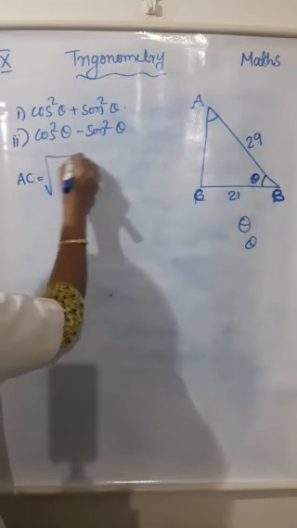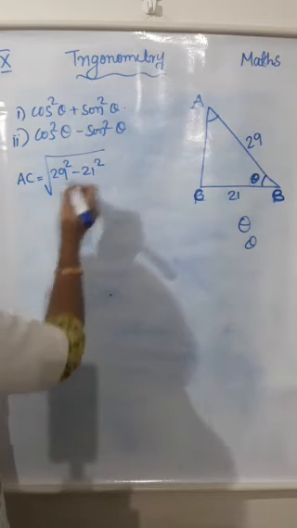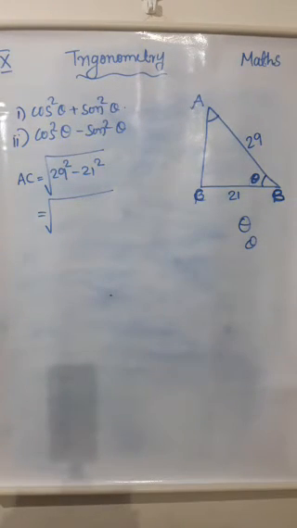AC is equal to root of 29 square minus 21 square.